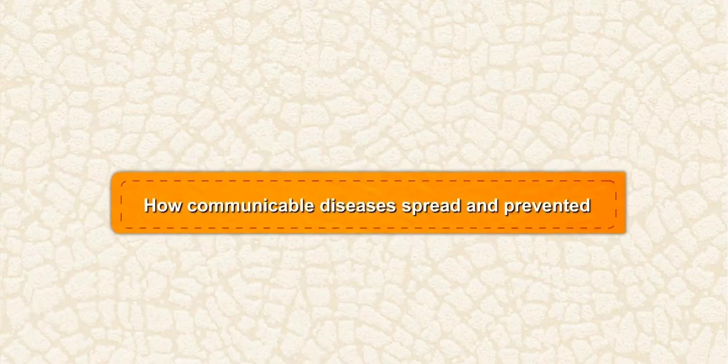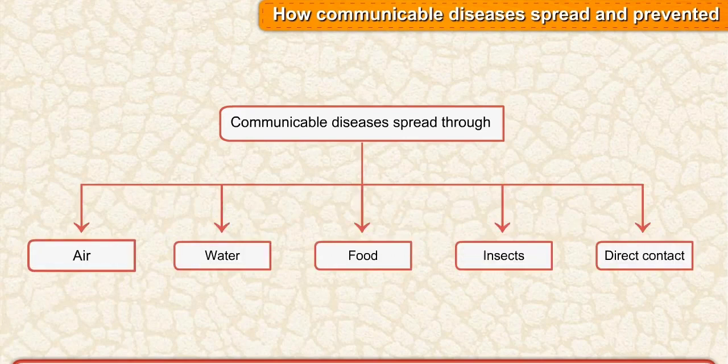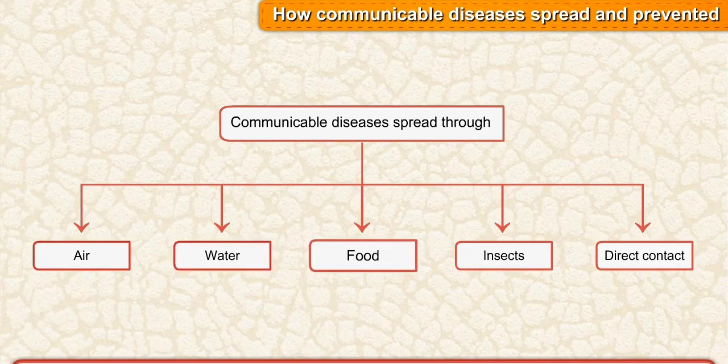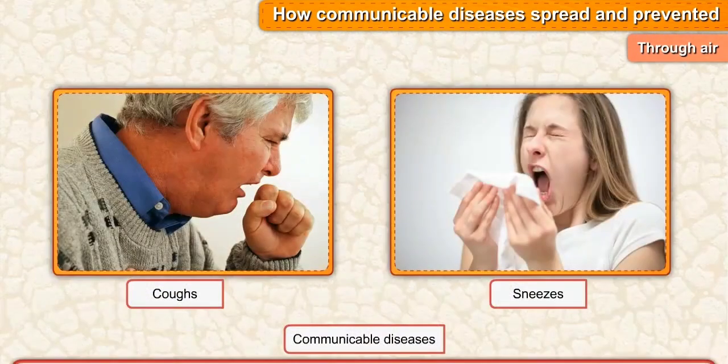How are communicable diseases spread and prevented? Communicable diseases spread through air, water, food, insects, and through direct contact. Through air. When a sick person coughs, sneezes, or spits, germs are released into the air.